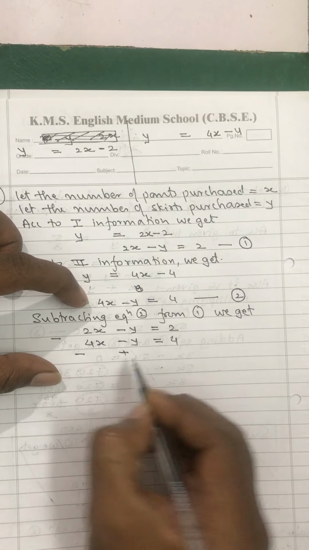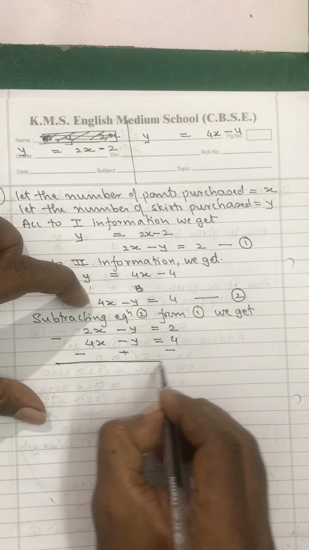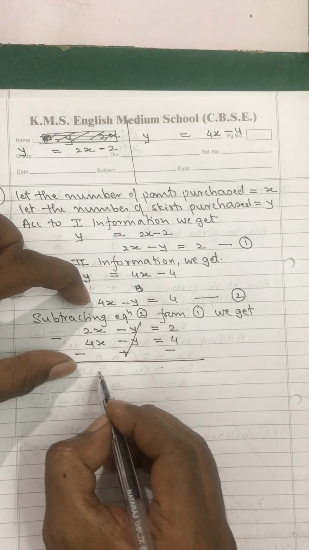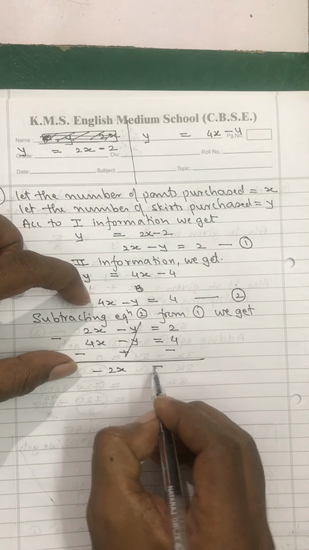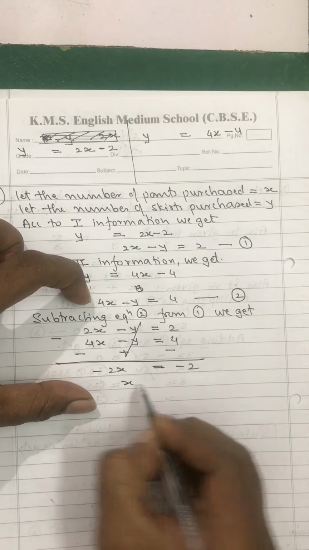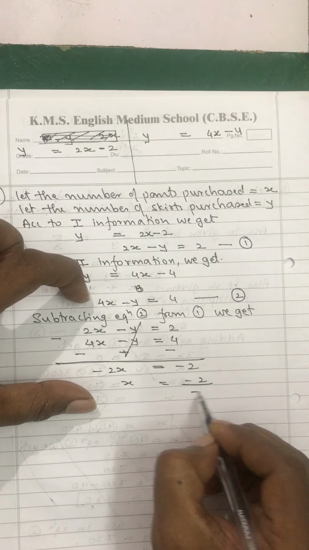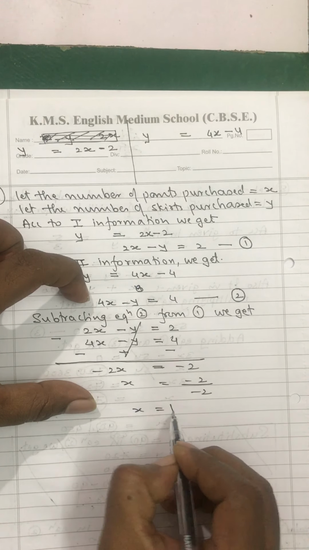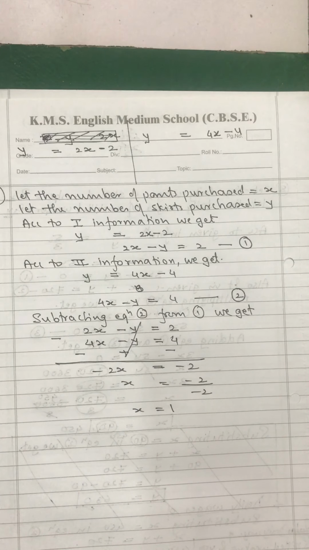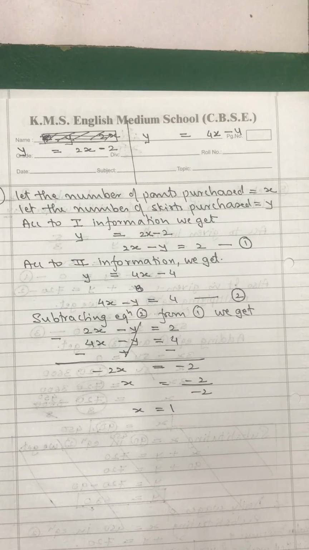Subtraction, minus plus minus, this is gone, 2x minus 4x will give you minus 2x, minus 2, minus 2x equals minus 2. Okay, so much effort. X is equal to 1.